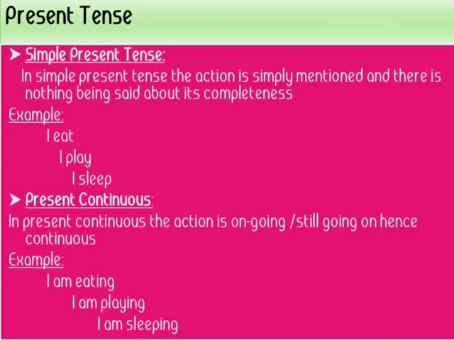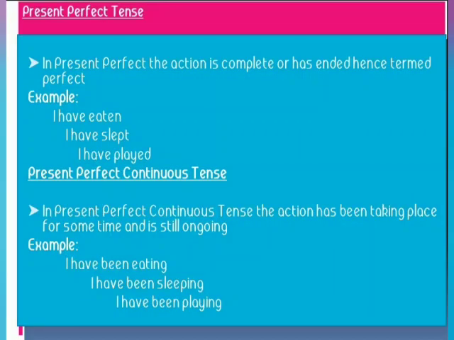Present perfect tense. In present perfect, the action is complete or has ended, hence termed perfect. For example, I have eaten. I have slept. I have played. Present perfect continuous tense.